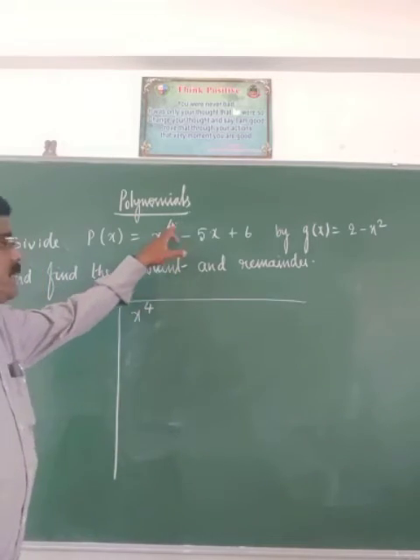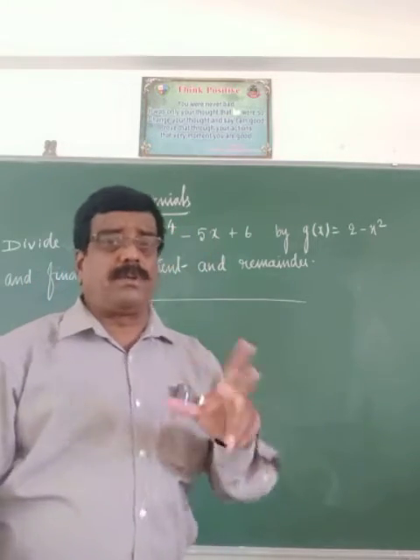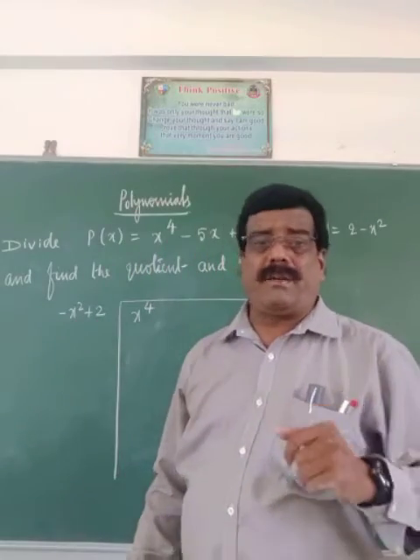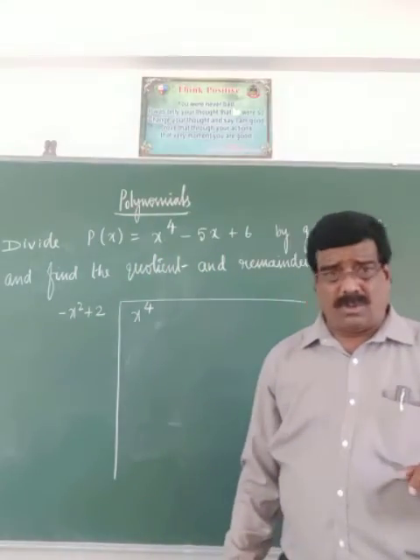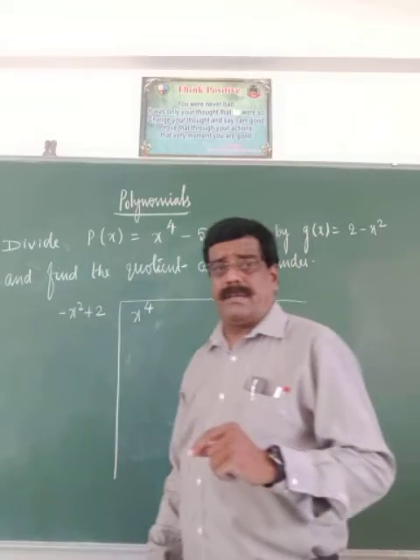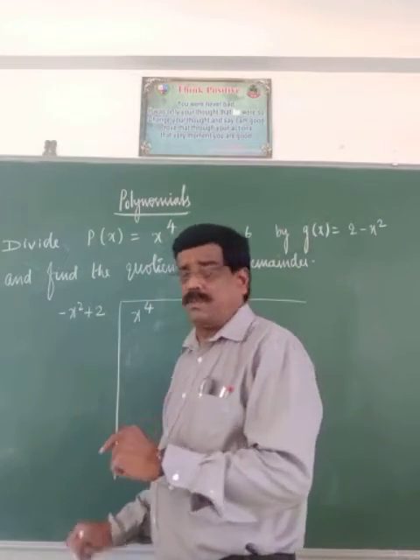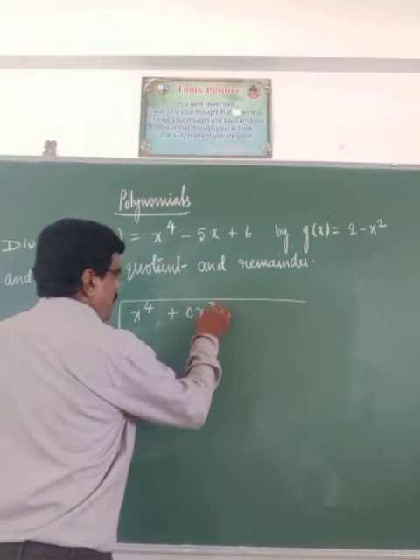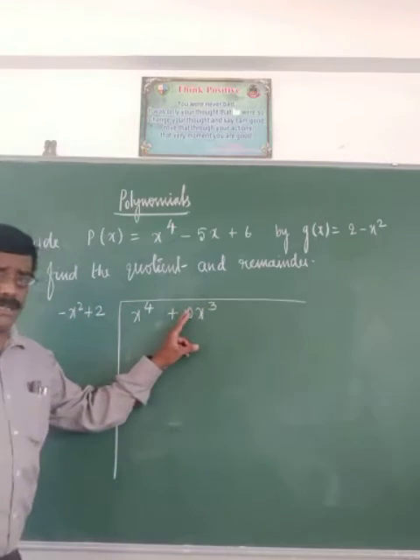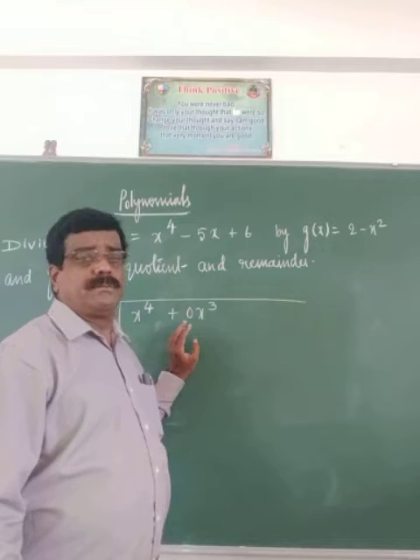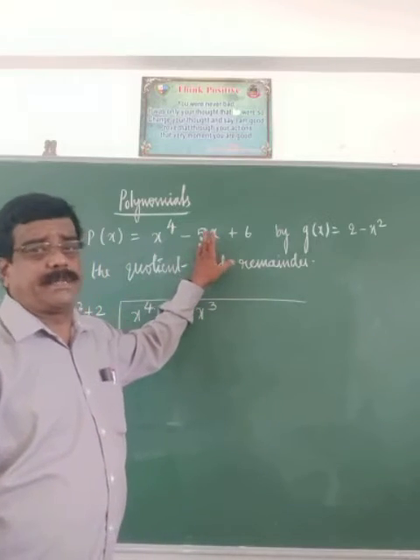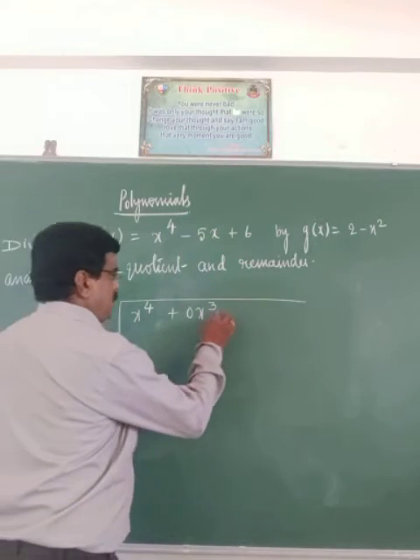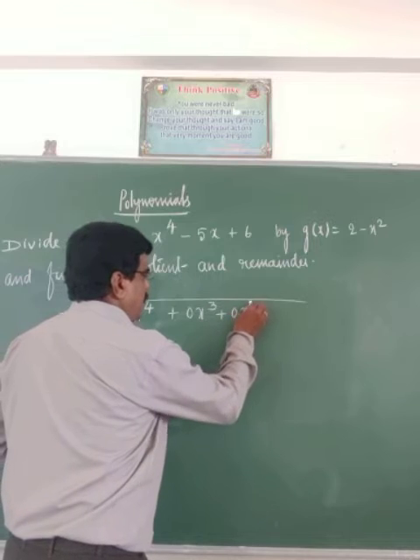See children, after x to the power of 4, x cube has to come, but it is not given in the expression. So better write 0x cube. After that x cube, x square has to come, again which is not there in the given expression. So better write 0x square.